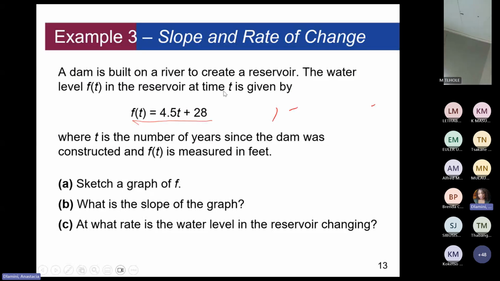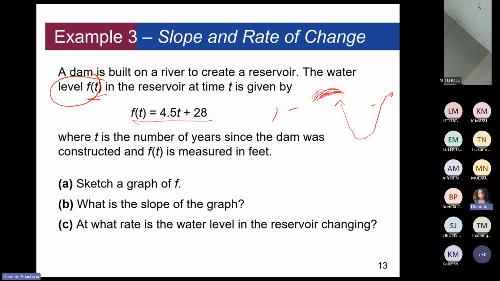Now there is a dam. So a dam is built on a river to create a reservoir. Now, the water level, f of t. This is important. The water level in the reservoir at time t is given by. If you have a reservoir, I'm assuming it's a container like this, where water flows inside, and they're saying the water level f of t.